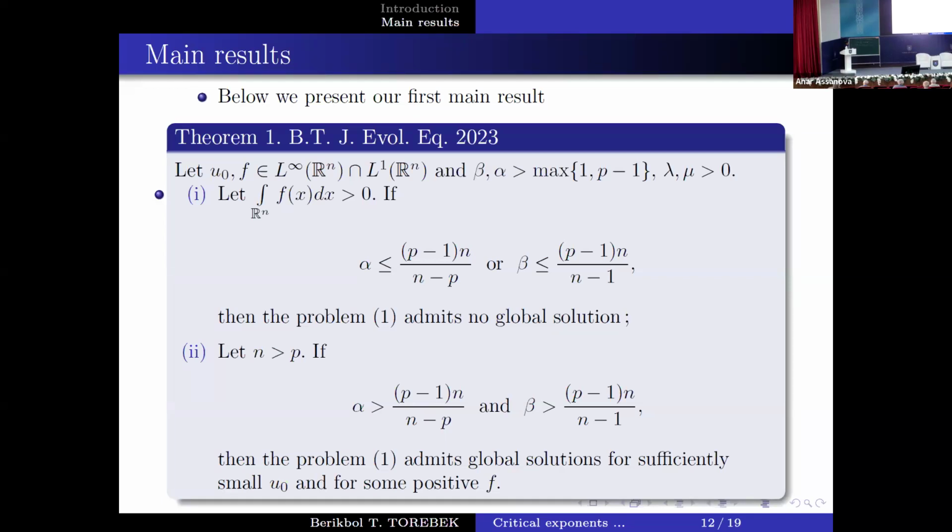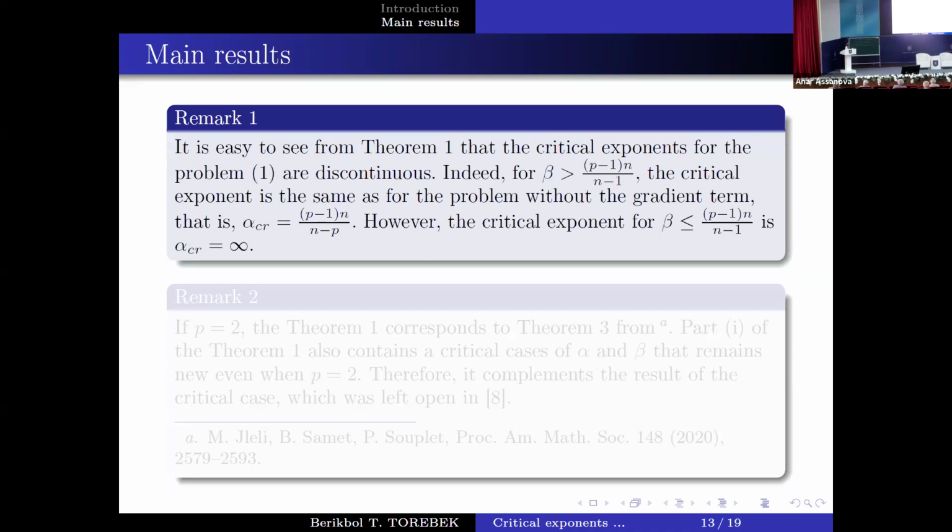And from here, it follows that here also the critical exponent is discontinuous. If beta is greater than the critical exponent, then we have the same result as the case without the gradient term.